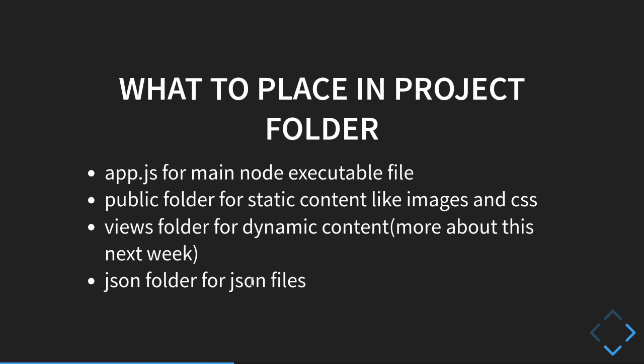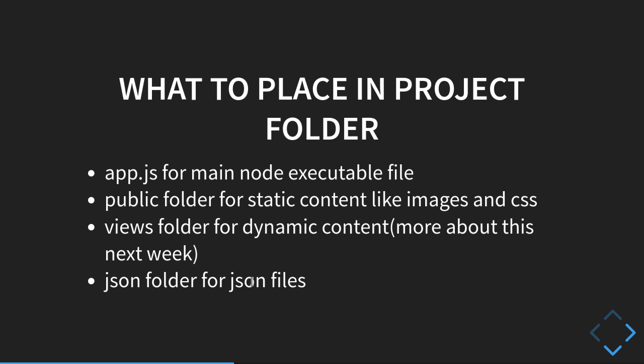So, what to place in the project folder itself? Well, we start off with the app.js file, which is the main Node executable file, so where we start Node from. Then we create a second folder, a public folder for the static content, like images and CSS, like I have shown before.